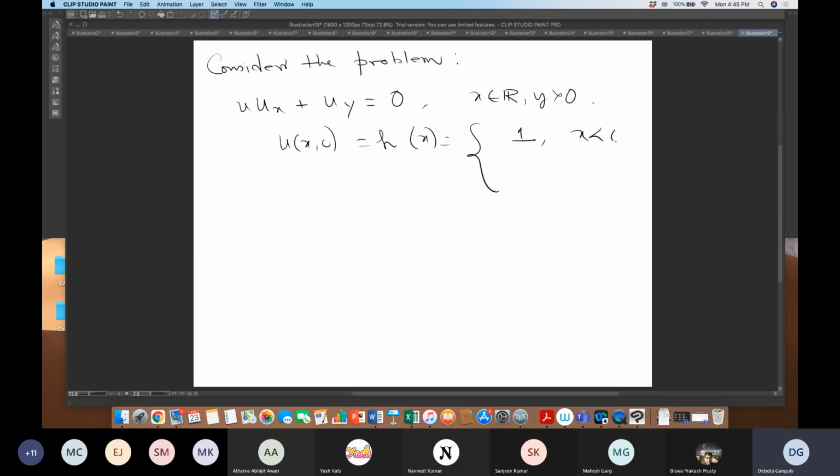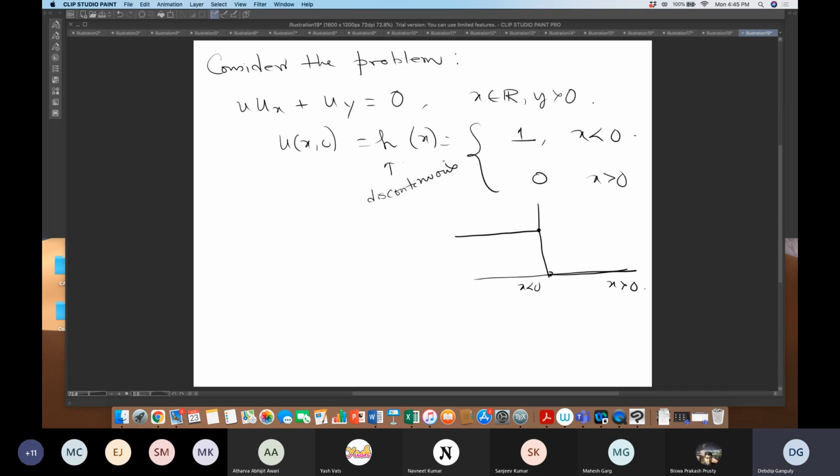It is 1 when x is negative and 0 when x is positive. The function is like this. This h is now a discontinuous function.